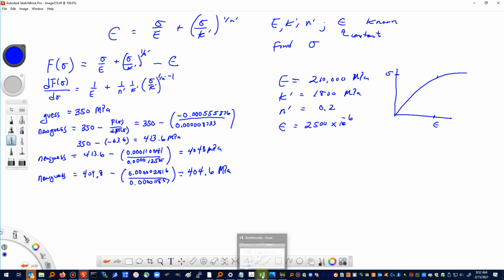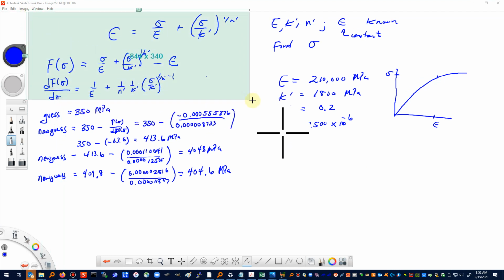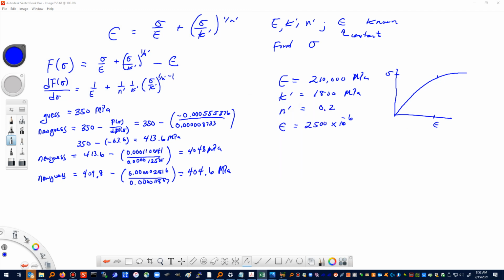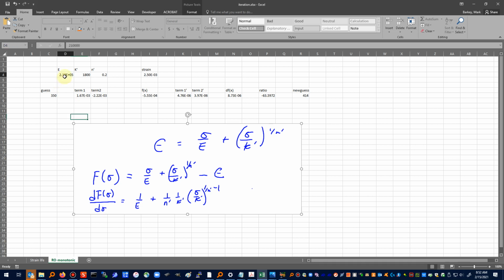Now let me show you my spreadsheet that I did for this. And while we're here, let me paste my equation in. Alright, so here is my modulus of elasticity, my K prime, my N prime, and my strain value, my initial guess, my term 1.